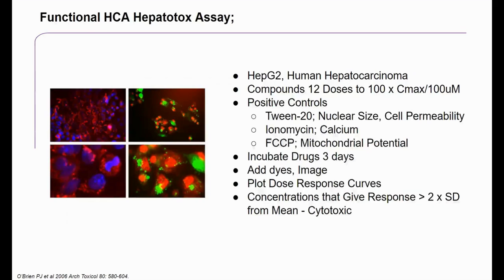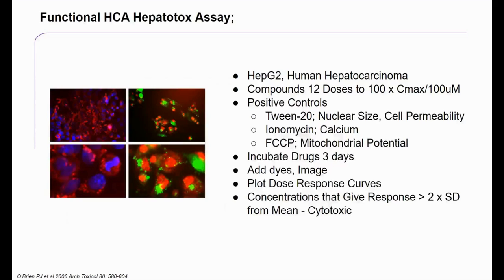As positive controls, they used Tween for nuclear size and cell permeability, ionomycin, and FCCP, which collapses mitochondrial potential. Now, one key thing is they found that pre-incubation with the drugs was essential, and so incubation of the drugs for 3 days seemed to be required. And then the idea was, after pre-incubation with the drugs, add dyes and then image over the course of around 3 hours, taking images every half hour or so in the 4 different channels.